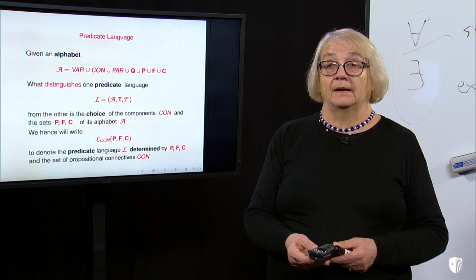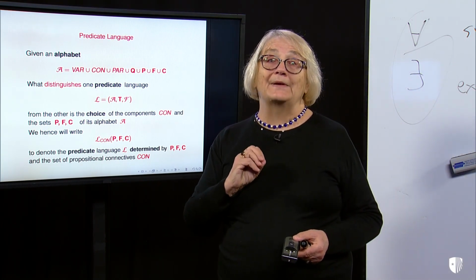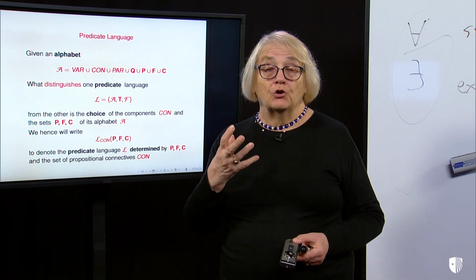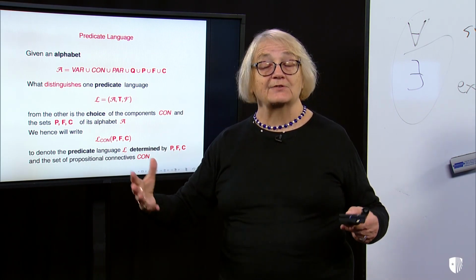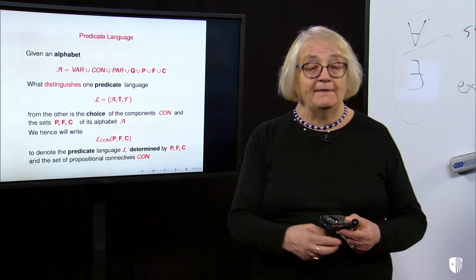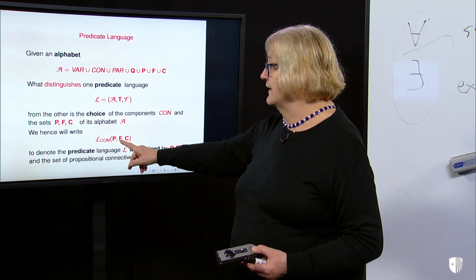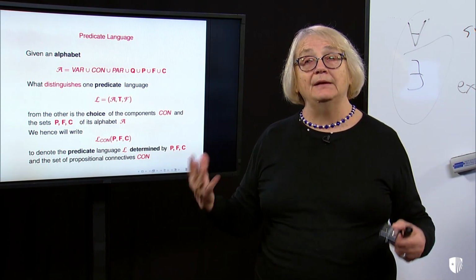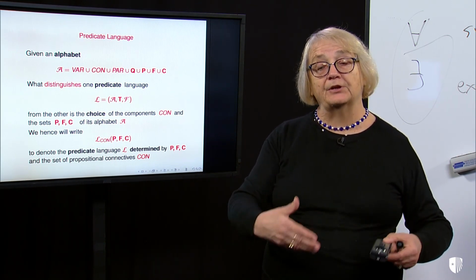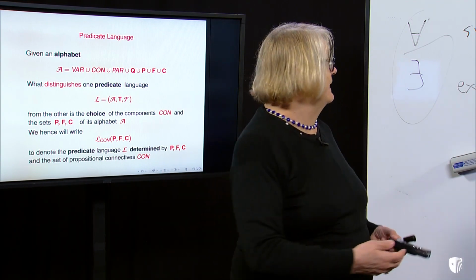And so what really distinguishes one predicate language from another is the choice of those sets. As I said, in full logic, for our completeness theorem, those sets of predicate, function, and constant symbols are countably infinite. But when you talk about particular languages in particular applications or theories, we have to specify them.